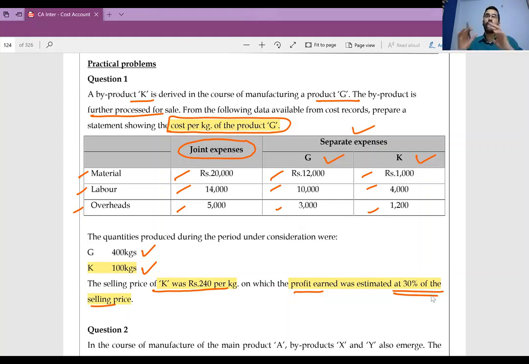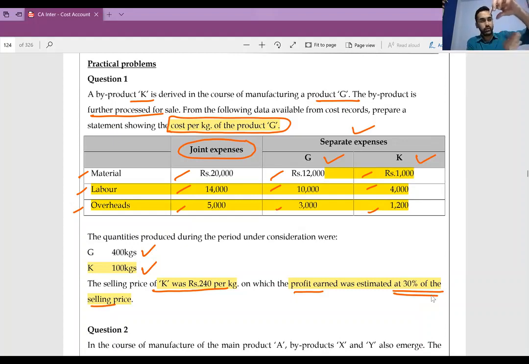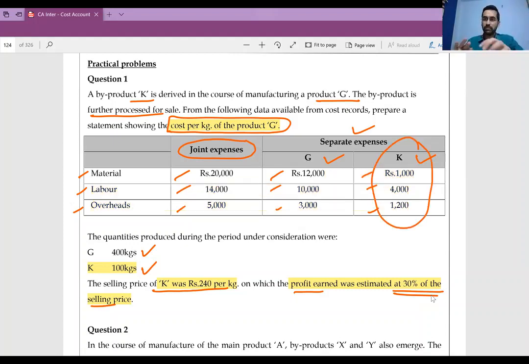Cost of K means it should be total of separate cost and joint cost related to K. Separate cost is given here. So from total cost, if you take out separate cost, then the balance should be share of K in the total joint cost.